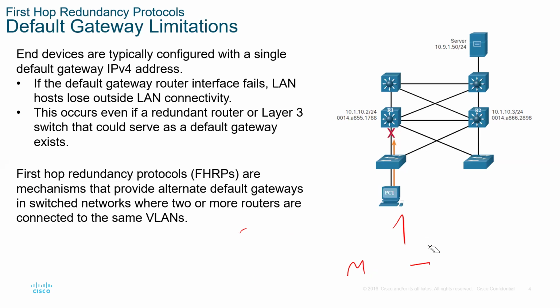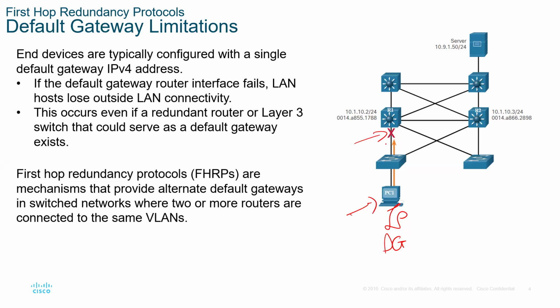Maybe I can explain it a little better using the diagram. When we are configuring a PC, the IP addressing for a given host, there's the IP address and then there's the default gateway. The default gateway in this case is the address of this interface.